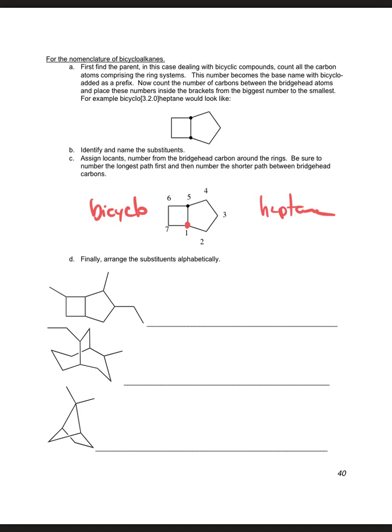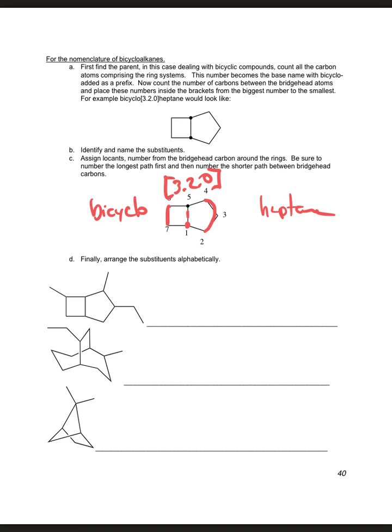And then in the brackets we have to say 3 because there are 3 carbons this way, 2 because there are 2 carbons this way, 0 because there are no carbons between the bridgeheads this way. So this would be a bicyclo 3,2,0 heptane.